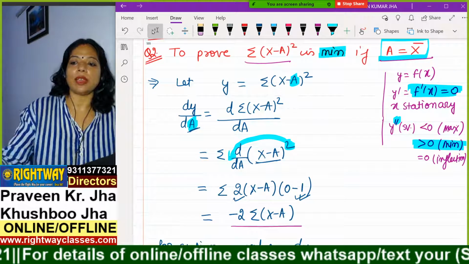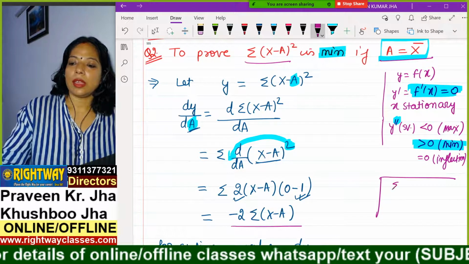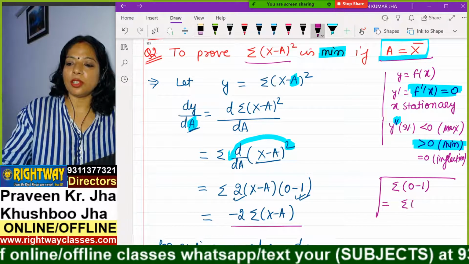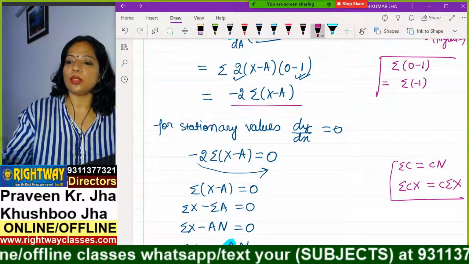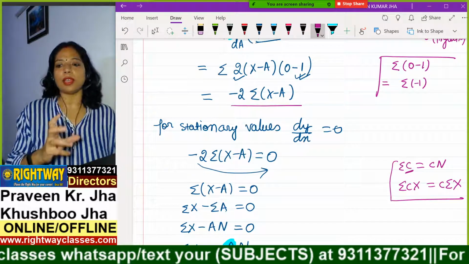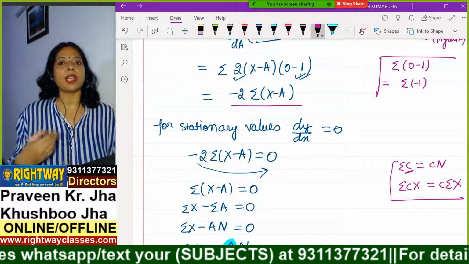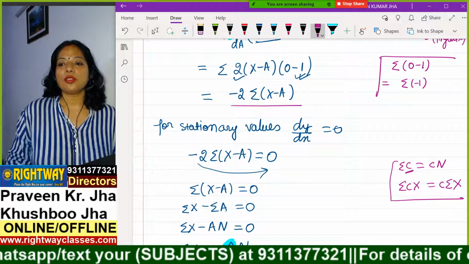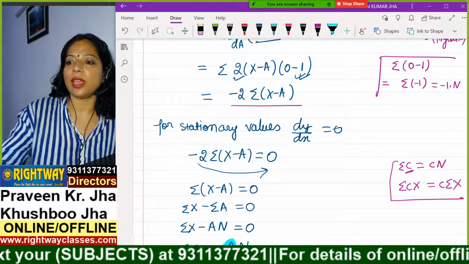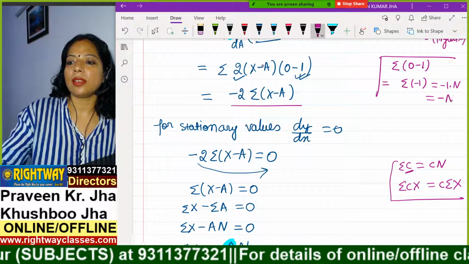Zero minus 1. See here. This is 0 minus 1, na. So this will be summation of minus 1, and you see this rule: if there is any constant, like any fixed number, and minus 1 is also a fixed value, we can't change it term by term. So outside it will be minus 1 into n, so it will be minus n. Is it okay?